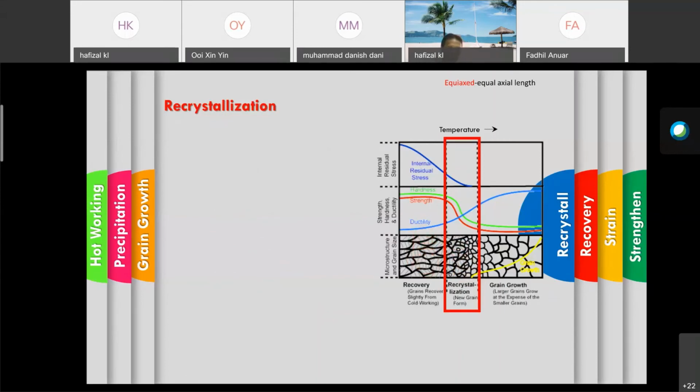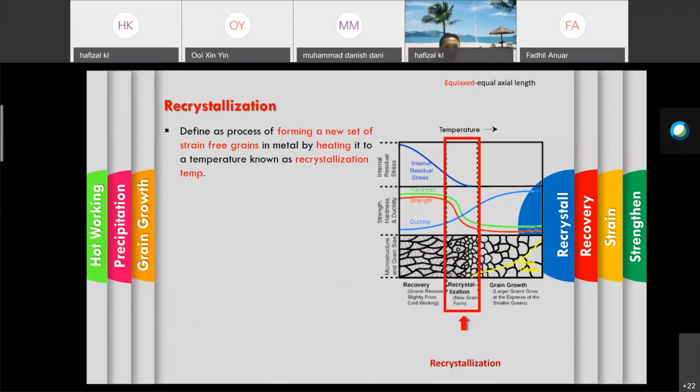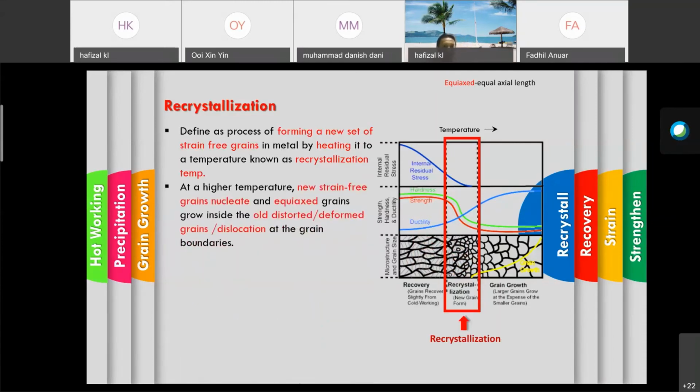At this time you can see a significant drop in hardness and strength, and the ductility starts to increase. At this time we call it new strain-free grain nucleation taking place.